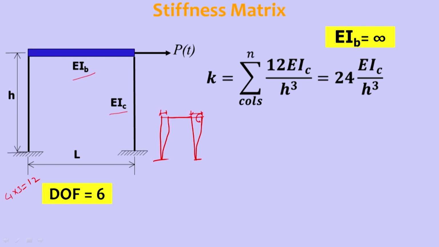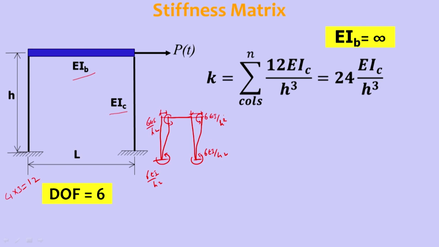So this will be 6 EI by h square, here 6 EI by h square, here 6 EI by h square, here 6 EI by h square. So this anti-clockwise 6 EI by h square, anti-clockwise 6 EI by h square.